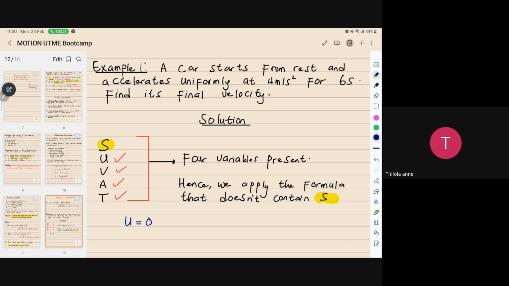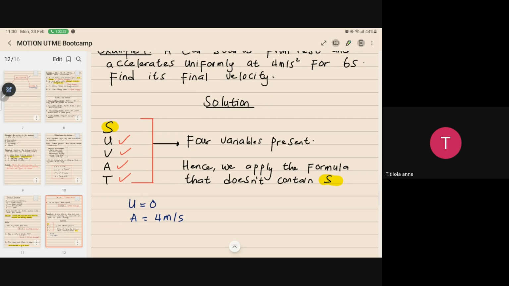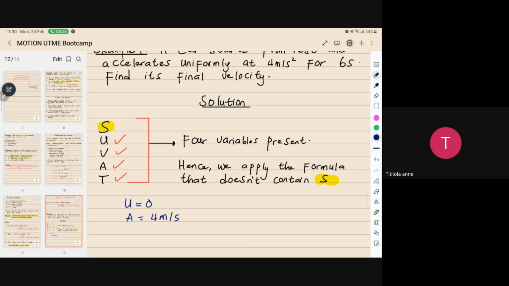Accelerates uniformly means that a is equal to 4 meters per second squared. For 6 seconds means that t is equal to 6 seconds. Find its final velocity.